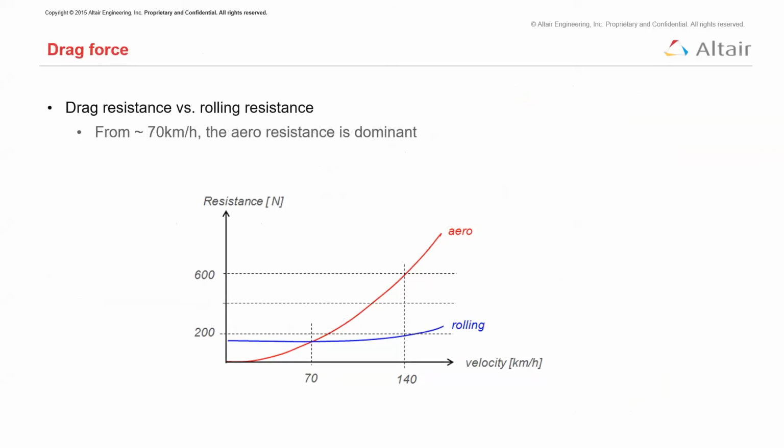All right, so this chart here just shows that for every vehicle body, for every model that you're analyzing, there's going to be an intersection point where your aerodynamic resistance overcomes your rolling resistance. I don't want anyone to get caught up on this 70 kilometers per hour. This is going to be very different for every use case. This is for a typical automotive use case.